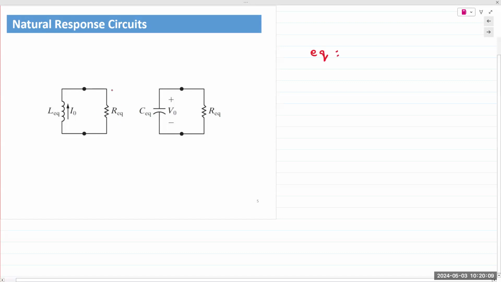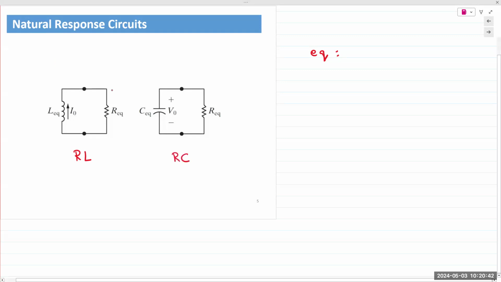That EQ, as you should be well aware by now, stands for equivalent. So your circuit could have multiple inductors, it could have multiple resistors. But if it is possible to electrically reduce it all down to one single component, we refer to it as one single resistor and one single inductor. And so we refer to this as an RL circuit. Same thing with the capacitor.